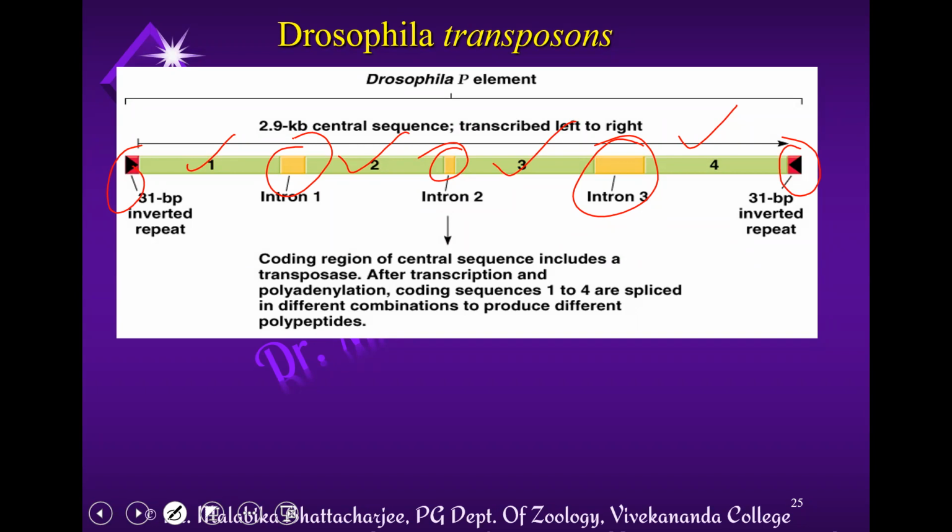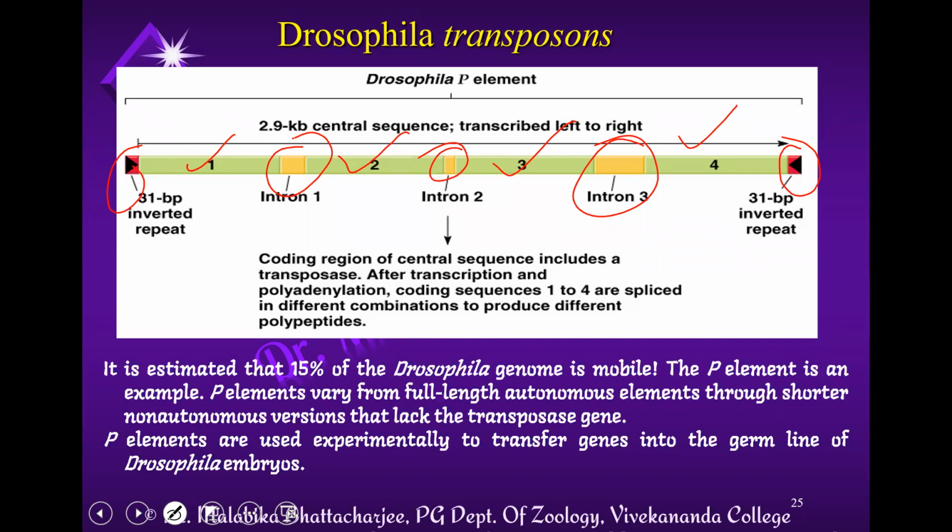And as you can see from the diagram itself, the P element has a 31 base pair inverted repeat. Further, it is estimated that 15% of the Drosophila genome is mobile, and the P element is an example of that 15%. As I said, they are also used to experimentally transfer genes into germline embryos.